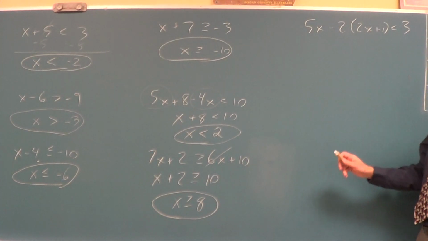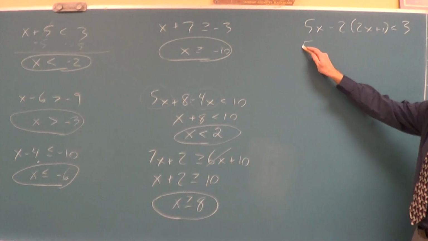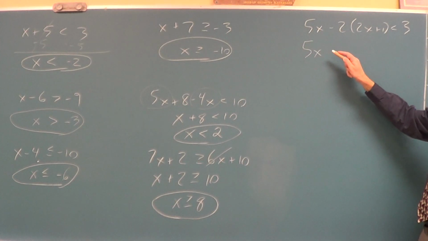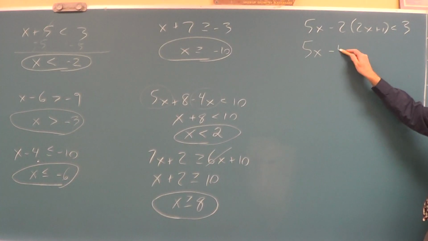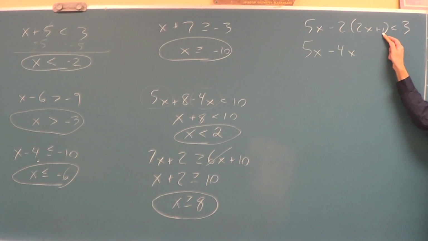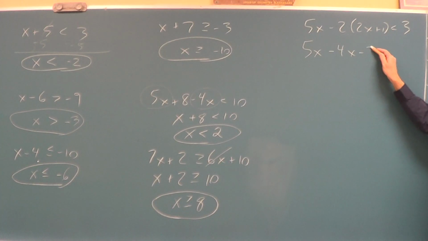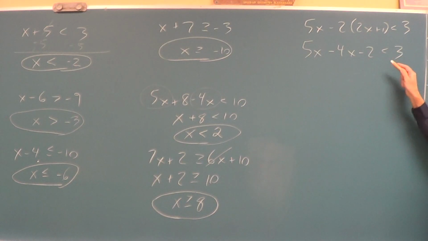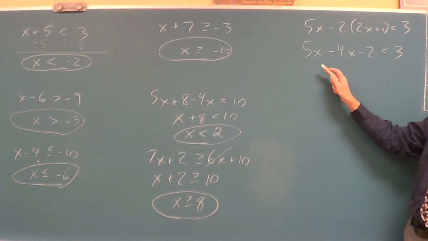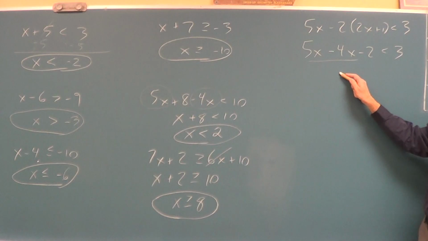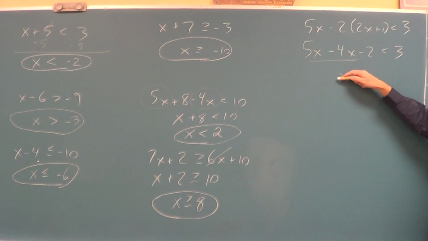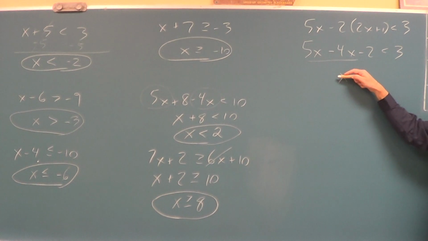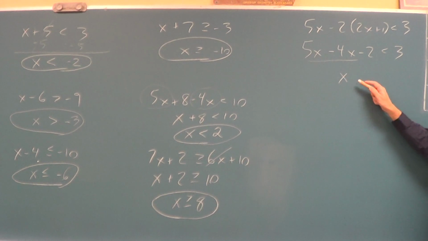Okay, so this, what would you have to do? Distribute. Negative 4x minus 2. Still that 3 waiting. Then combine those. That's x, which is a good sign because we shouldn't have a number there, because if we did, later we'd have to divide and we're not going there yet.